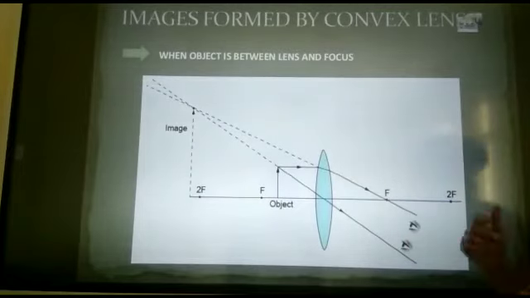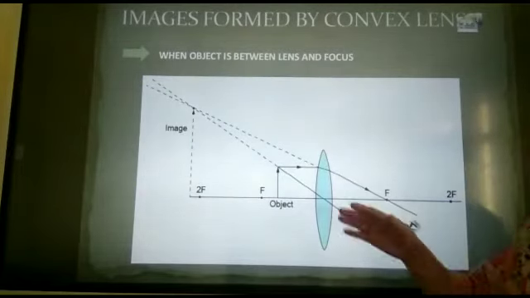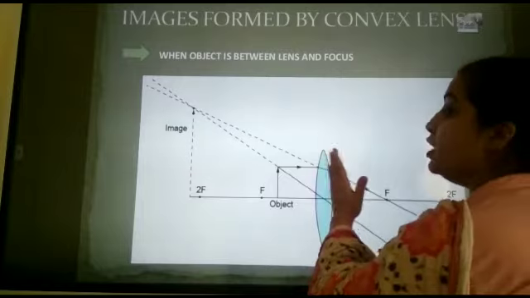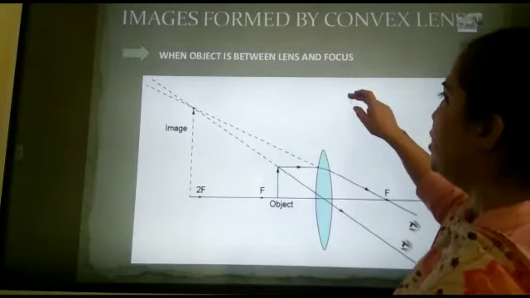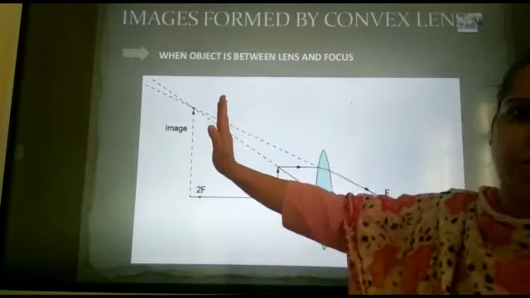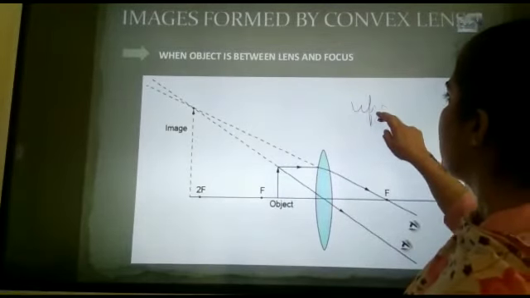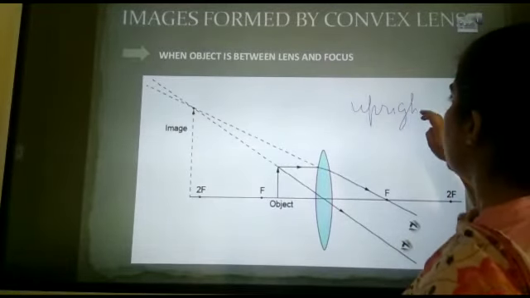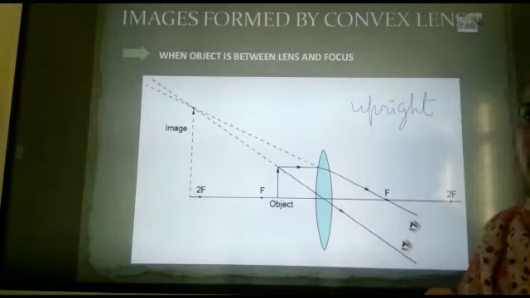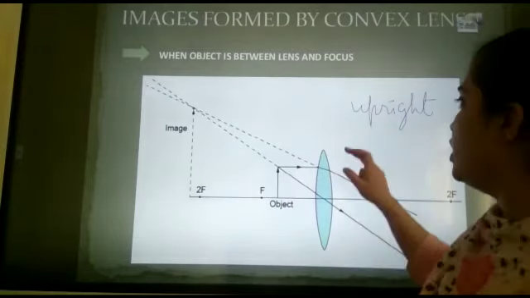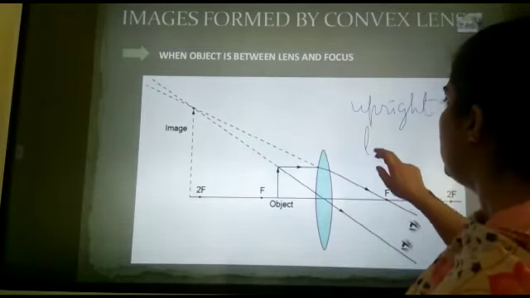So if we say how is the nature of the image formed in this case when the object is nearer, first of all, it will be straight, it will be upright. Upright is the first of the nature, right? And then it will be magnified, large.